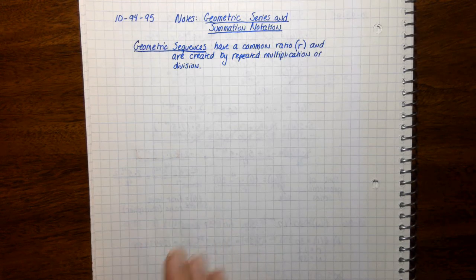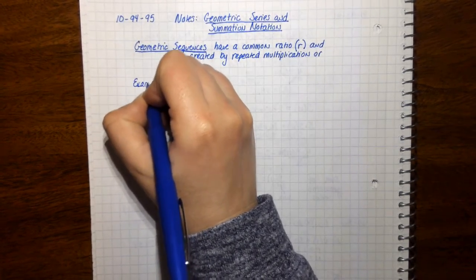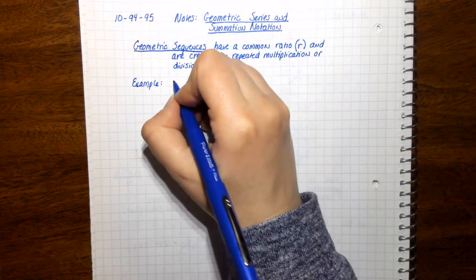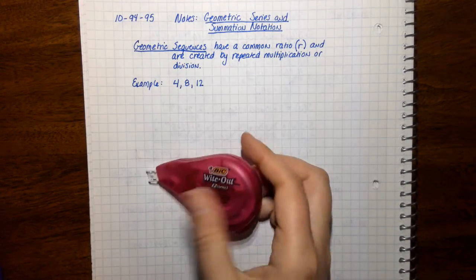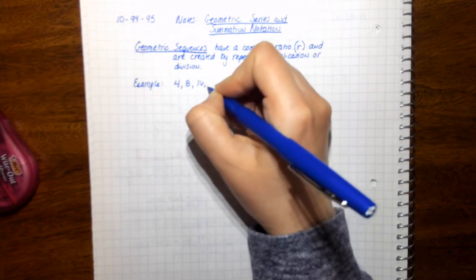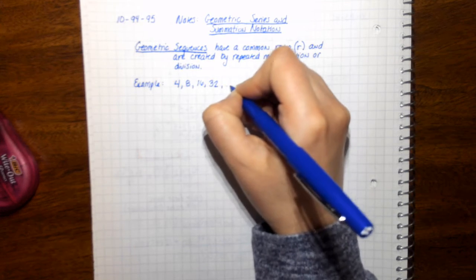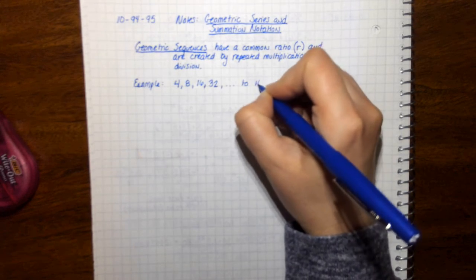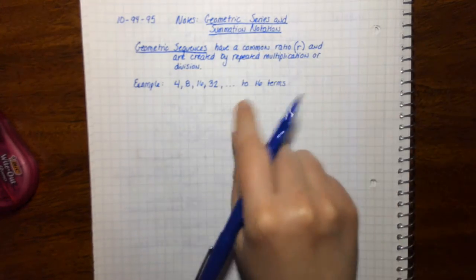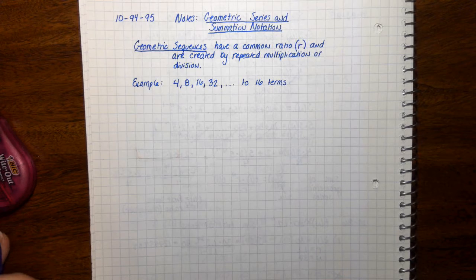So to start out with that, just so that we know, geometric sequences, so we have an example of 4, 8, 12, no. That's funny, that would be arithmetic. 4, 8, 16, 32, and this is important, I am saying that this is going out to 16 terms.